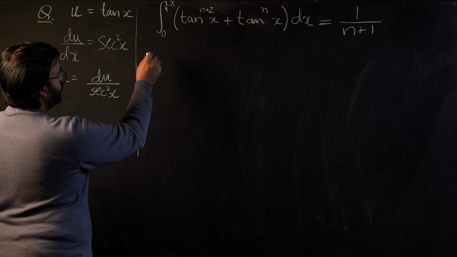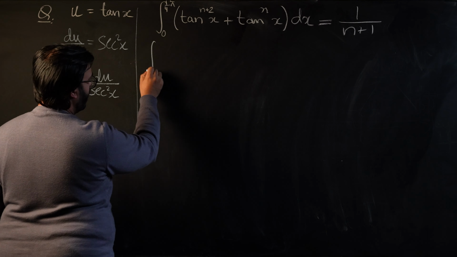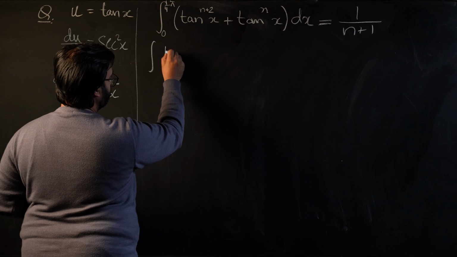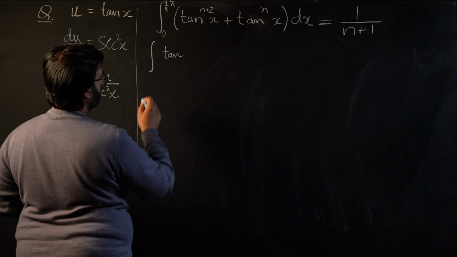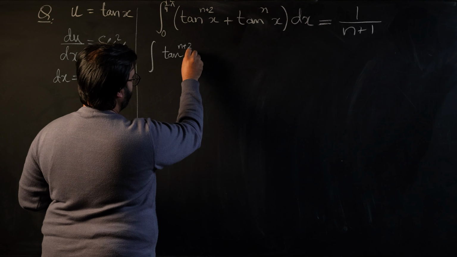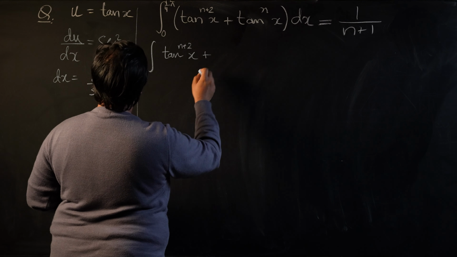Now, for the integral, I'm going to ignore limits for a second. So this is tan to the power n plus 2 of x plus tan x to the power of n.